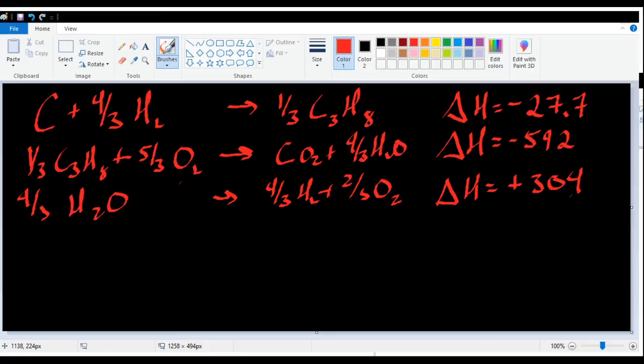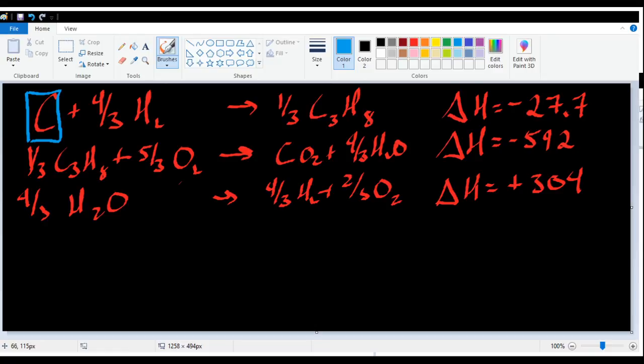All right. Now we begin the unpleasant process of adding everything together. Carbon up here in our first reaction, that's not going to go anywhere. That is going to stick around. It doesn't have anything to cancel out, and we don't want it to cancel out.